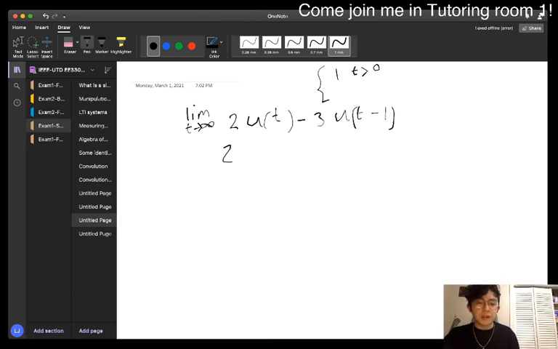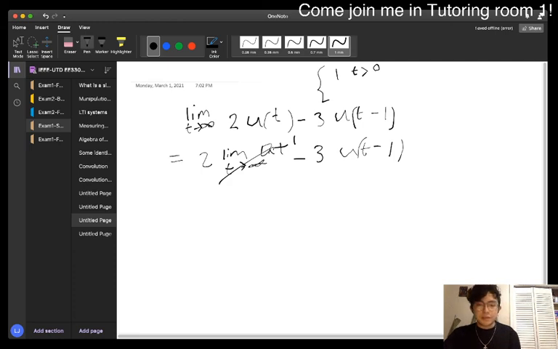If we factor out this 2, 2 times the limit of u of t as t approaches infinity is actually going to give us the number 1. These are equivalent, I guess. Let me clean that up. 2 minus 3u of t minus 1. Does that answer your question?